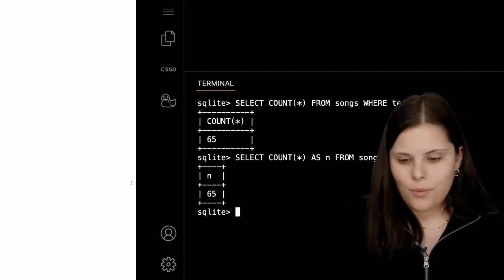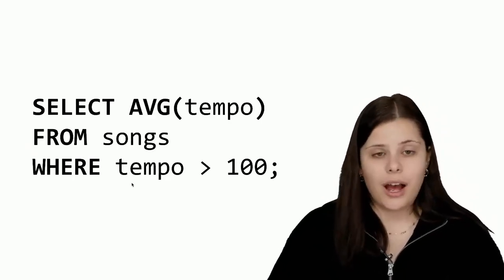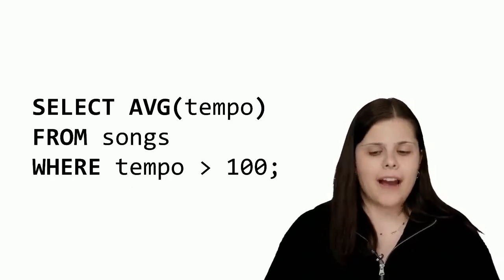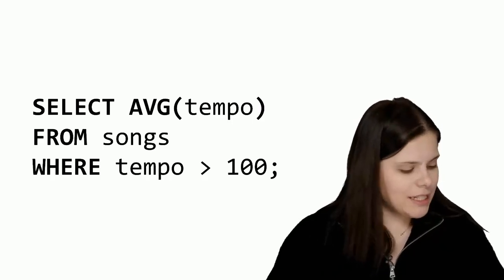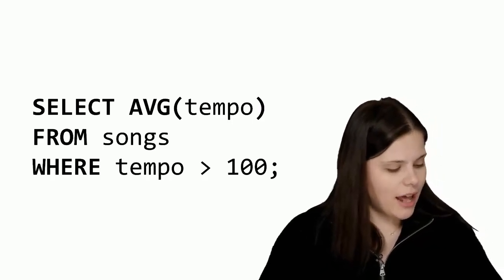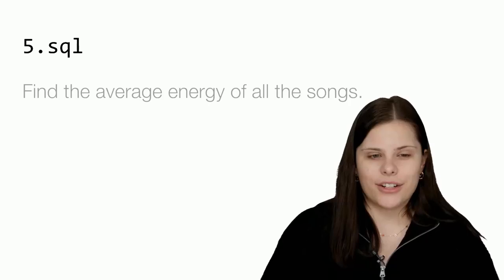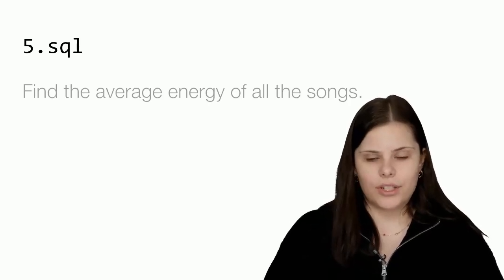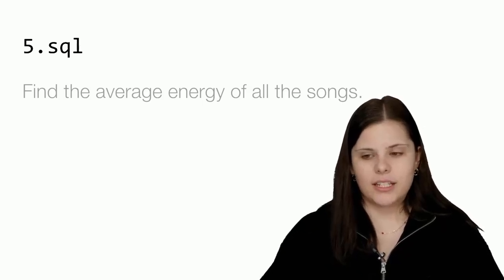Okay, so what other aggregating functions are there? There is average, which will just give you the average value of the tempo in this case. But let's consider another query: how do we find the average energy of all songs? How do we do that? If you want to type your answer in the chat.